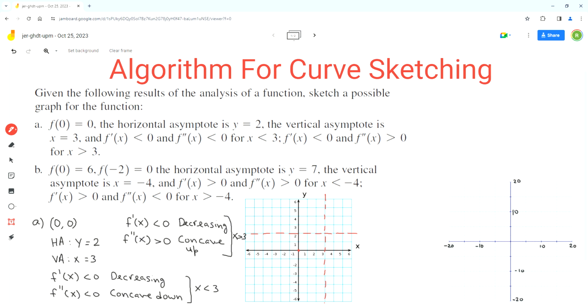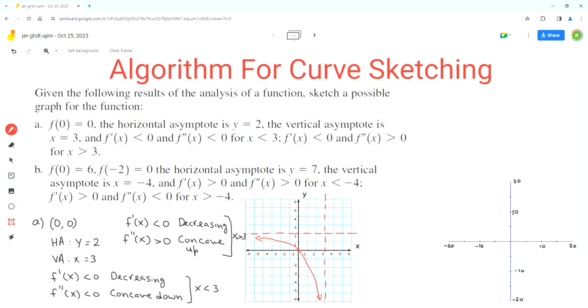So we can sketch our function like this under the horizontal asymptote. Along this curve, as we go from left to right, the curve is sloping downward. That means it's decreasing, and we can see that the curve is concave down because it's making a frowny face.